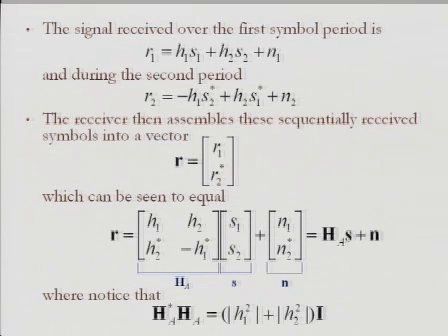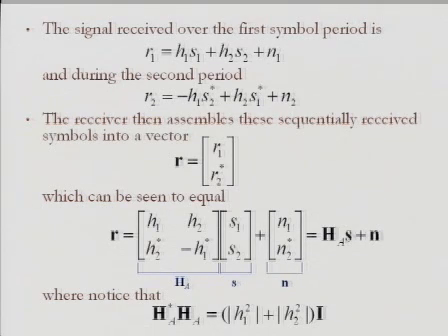Okay, so far so good. Now let's give these guys some names. We're going to call this matrix H sub A for Alamouti. So this is H Alamouti. This vector of S's, I'm calling it S vector. This is N vector, with the bold notation for the vectors. And so this whole relationship, this vector R, can be seen to equal H Alamouti times S plus N.